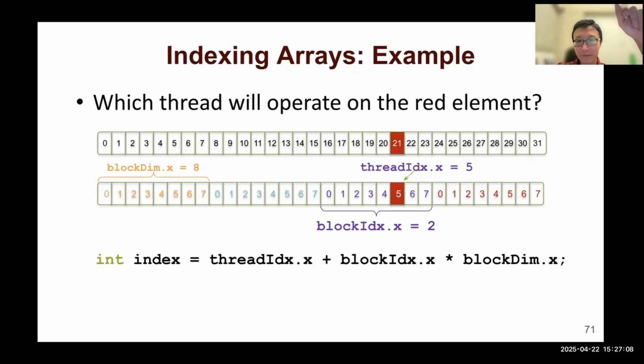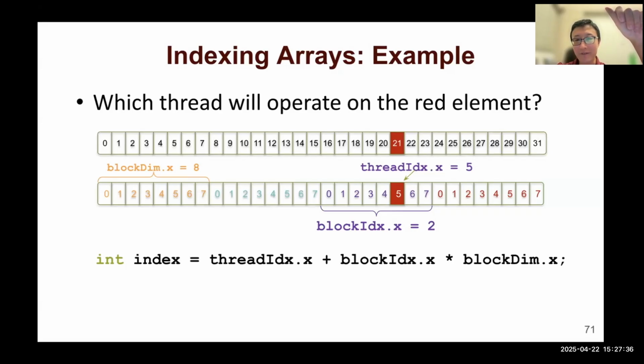How to do that? The math behind it: you simply divide 21 by the block dimension, which is 8. Block dimension is 8, so 2 times the block dimension gives you 16.